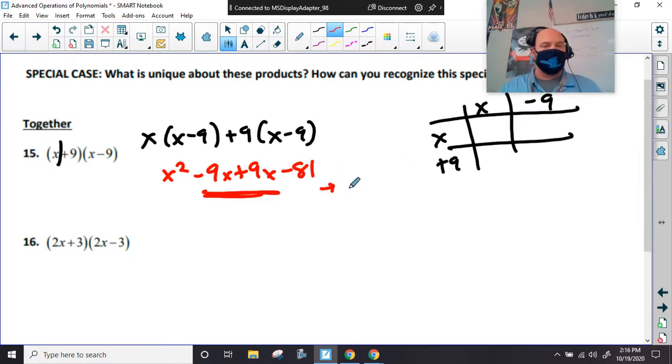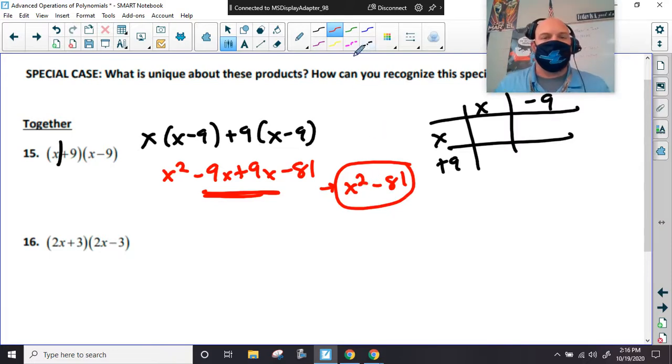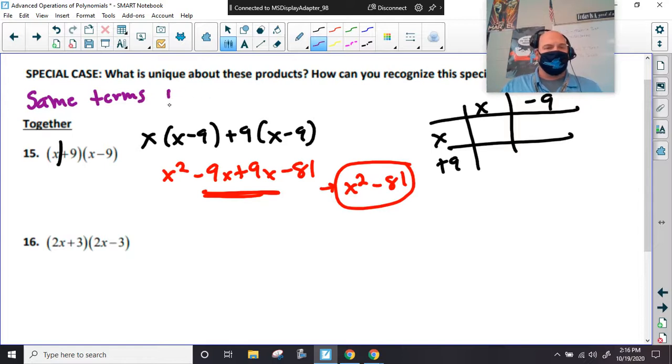So we're actually left with this right here. All right. And the way that you can see this is that these are the same terms, different signs. Okay.